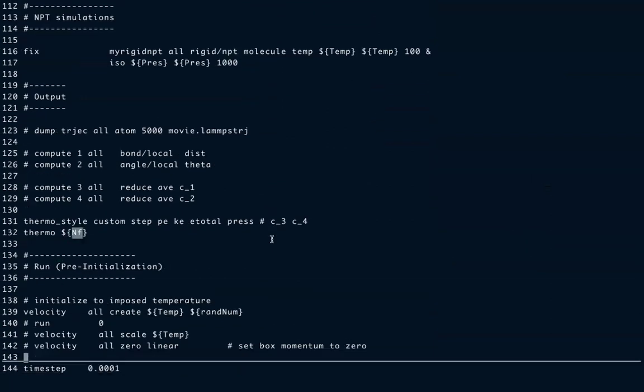So it's going to print all these properties, which are step, PE, KE, E total, and press. And these are all keywords in LAMMPS. So PE is potential energy, KE is kinetic energy, E total is total energy.